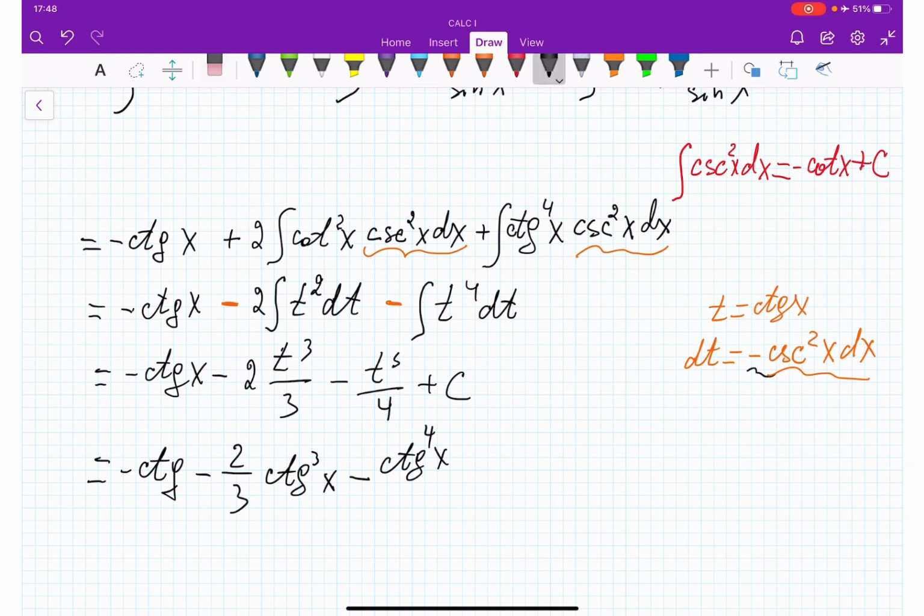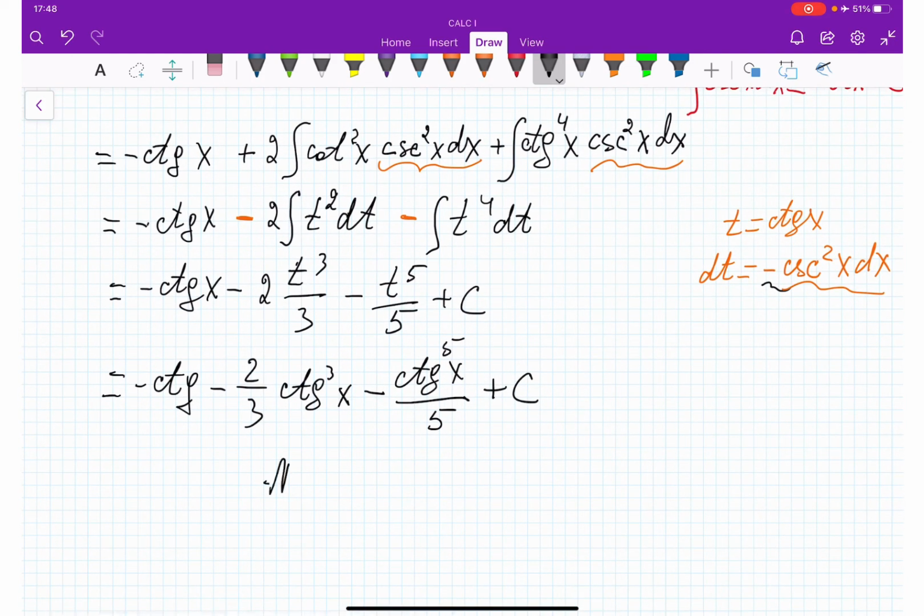I'm in a hurry, I have some work starting in a minute. Sorry, hold on. It's 5. So if I plug back in, I'm getting negative cotangent x minus 2/3 cotangent cubed x, and minus t to the power 5, so cotangent x to the power 5 divided by 5. That is the correct answer.